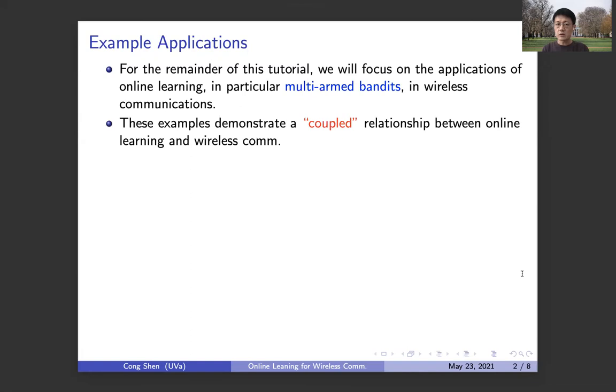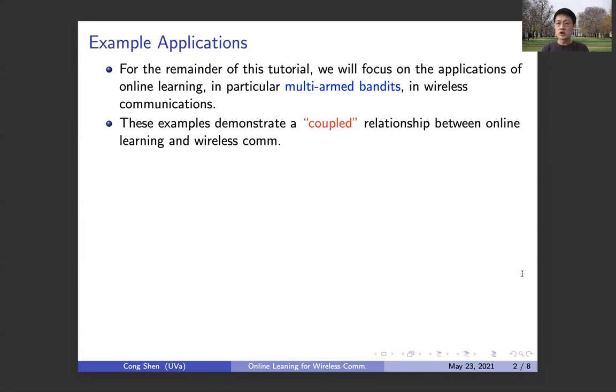On the other hand, I will also demonstrate using these design examples that a coupled relationship between online learning and wireless communication actually exists. We often thought of wireless communication as a consumer of online learning in the sense that online learning develops tools and the wireless communication just uses these tools. I also want to use these design examples to highlight the fact that the advancement of online learning itself actually is motivated by many applications, and wireless communication can be one of them.